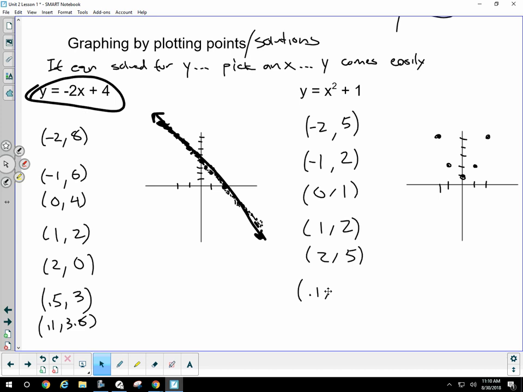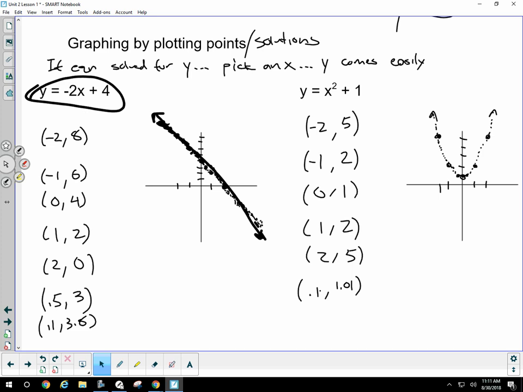Okay, so if I plugged in 0.1, I'd get 1.01. Okay, so that's a point. -0.1, 1.01. If I found more and more solutions, I would plot their points, and guess what? They would create some sort of U shape.